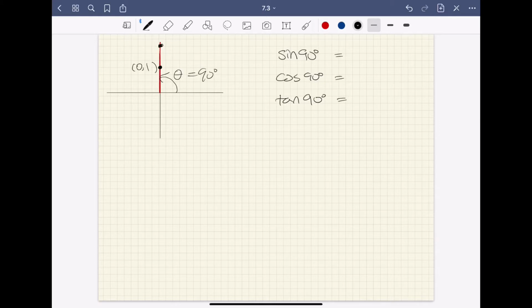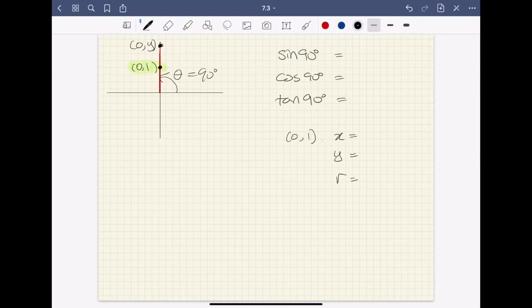So something like this, we can do (0, y). It doesn't matter what the value of y is. But for now, let's just use (0, 1) as an example first.